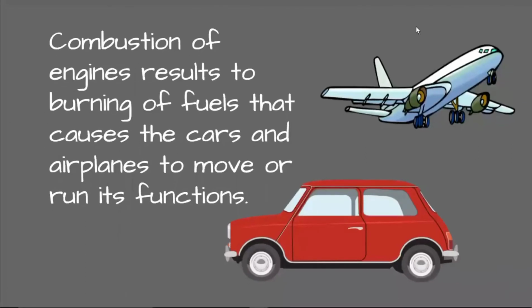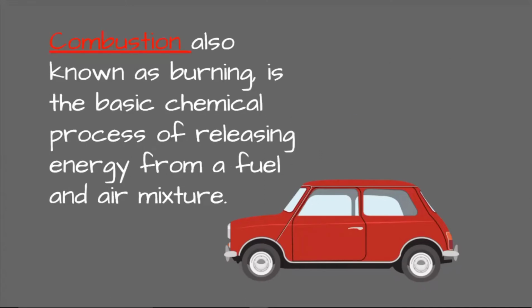Combustion in an engine results in the burning of fuels that causes cars and airplanes to move or run their functions. What is combustion? Combustion, also known as burning, is the basic chemical process of releasing energy from a fuel and air mixture.